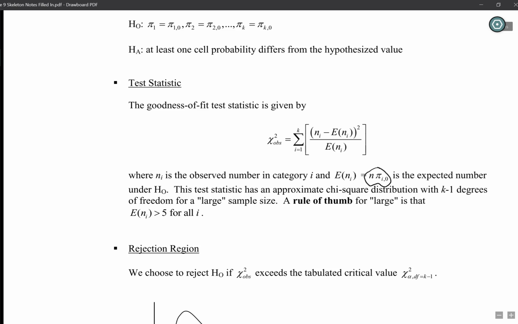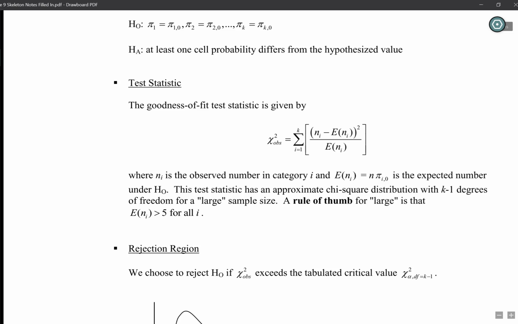This is the expected number under the null hypothesis. You look at the difference between what was observed and what was expected, square it, divide by what was expected, and add that through all the categories.